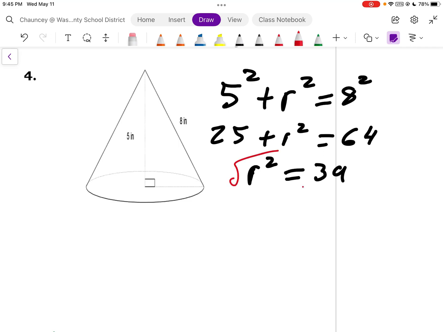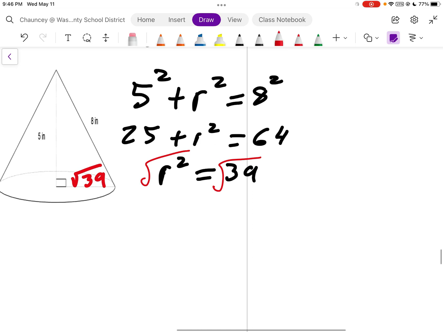And if you root those and you try to break down 39, you got 3 and then you have 13. Well, that doesn't break down to anything else. So you end up with the square root of 39. So your radius ends up being the square root of 39. So we're going to leave it as that and go from there.